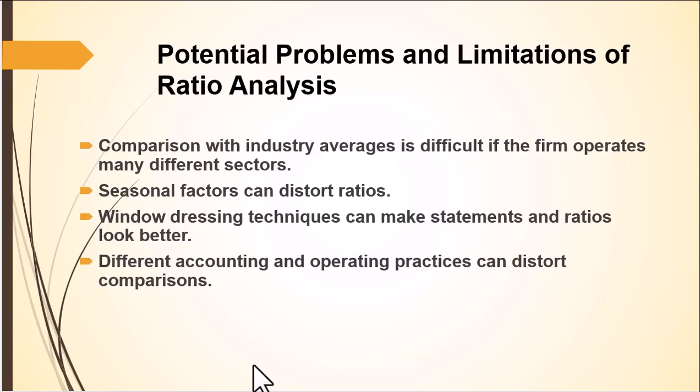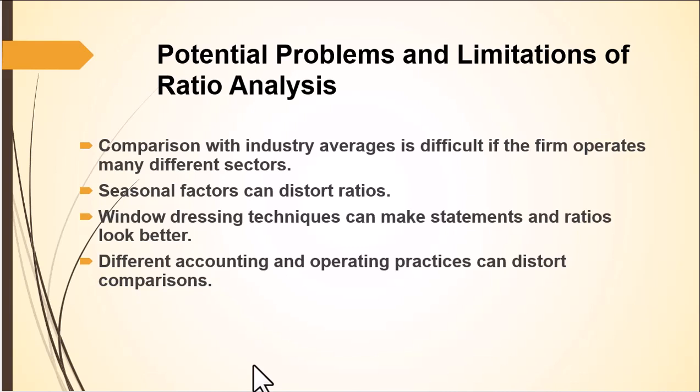So there are some potential problems and limits of ratio analysis, though, right? Companies are not in isolation, right? If you think about Molson Coors, it is involved in microbiology, farming, mining, right? They have a supply chain within the corporation.